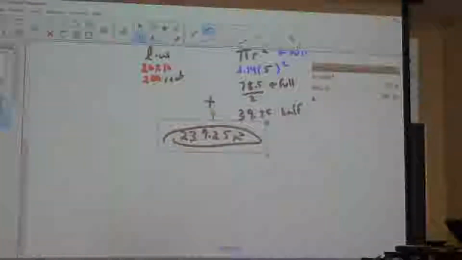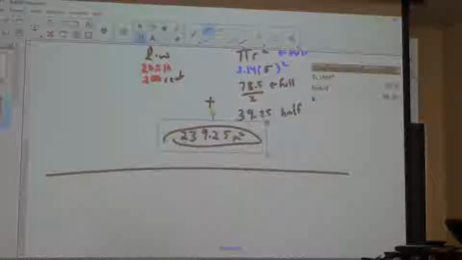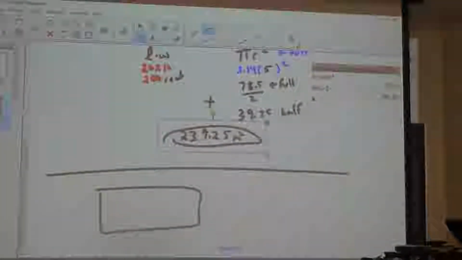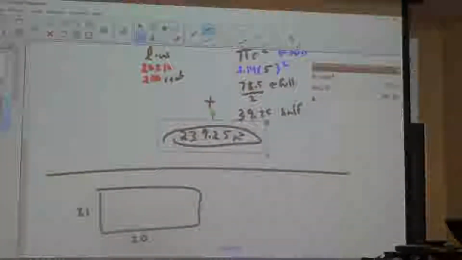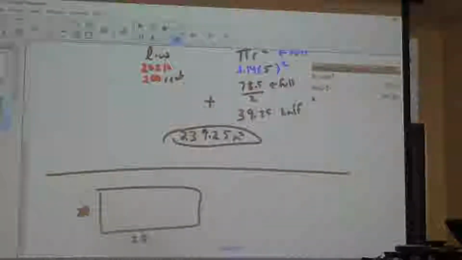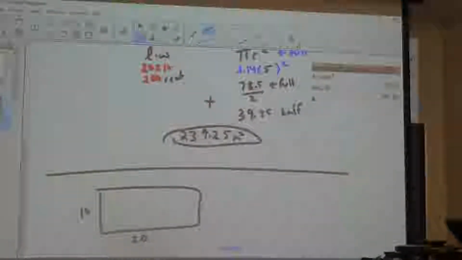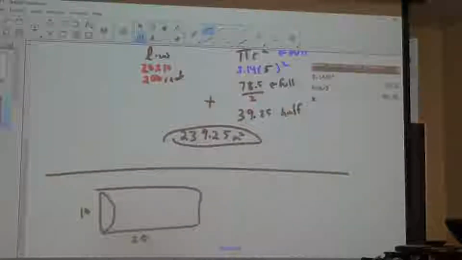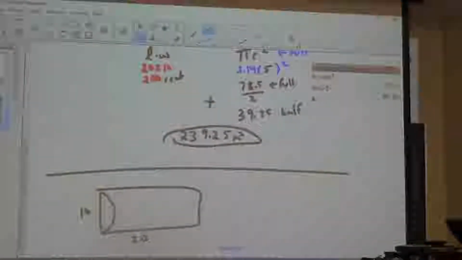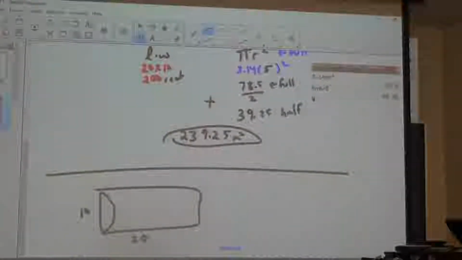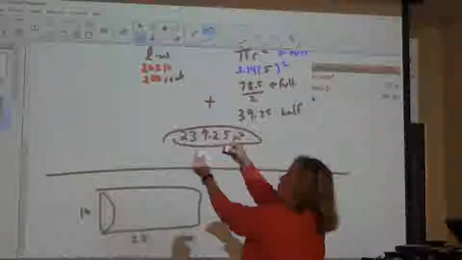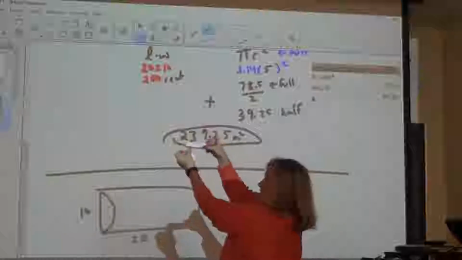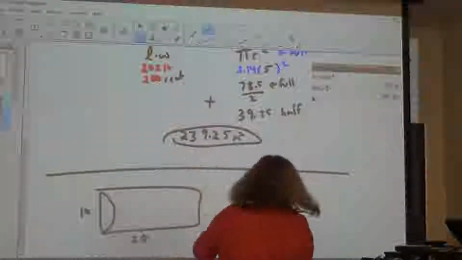Okay. If I have another example, if I use my same 20 and 10, 20 and 10. And this time I do it like that. Do you see that my first problem was a rectangle plus half circle, that's why it's added.